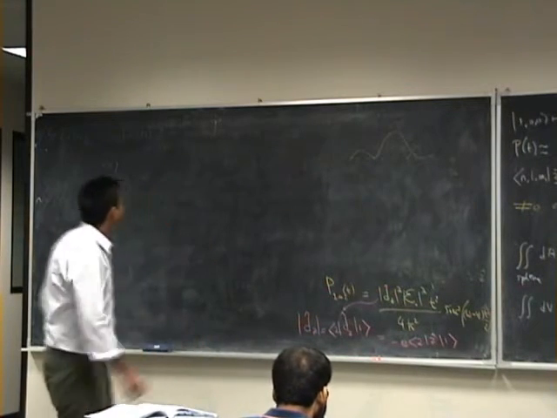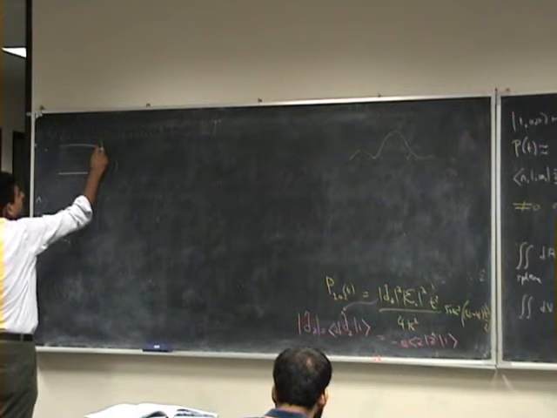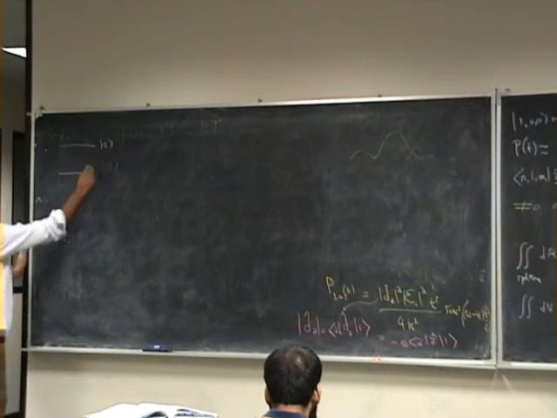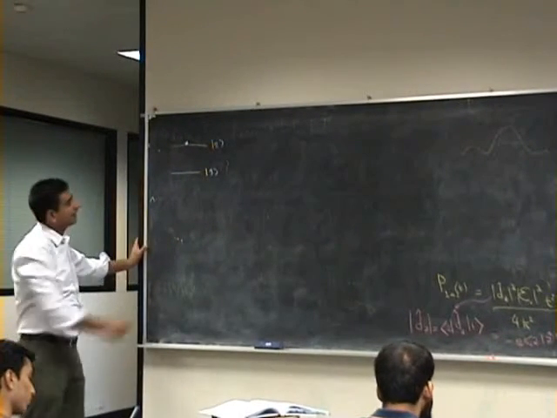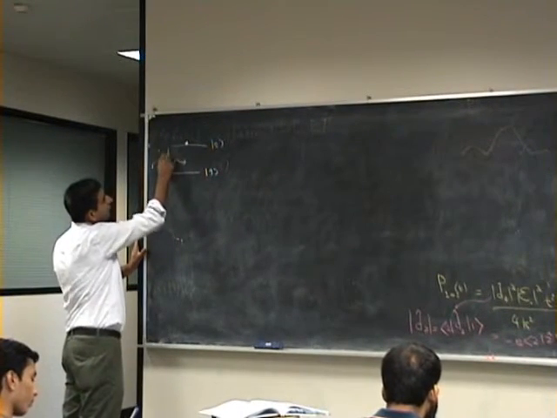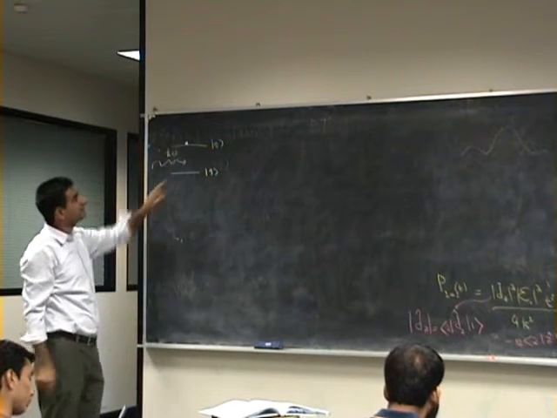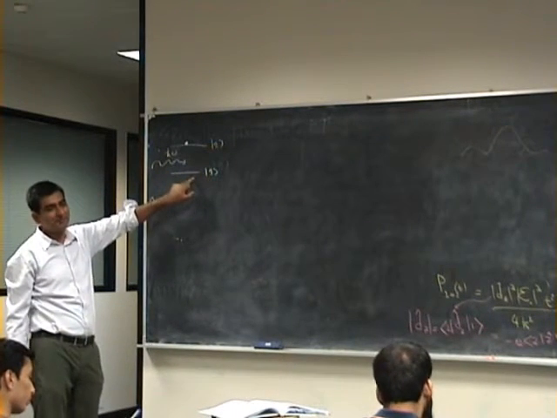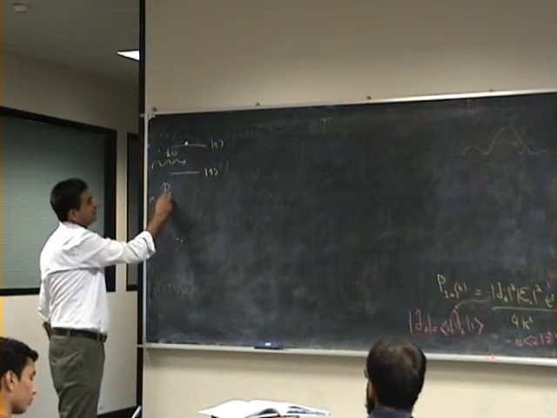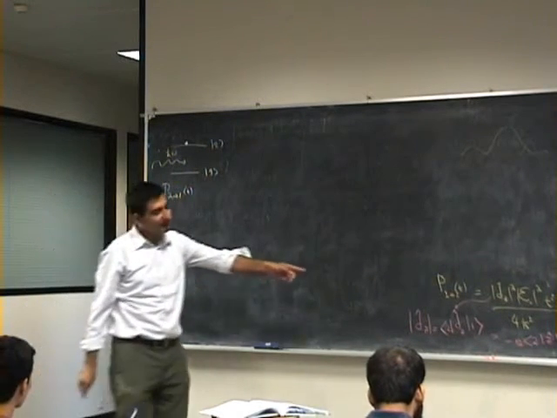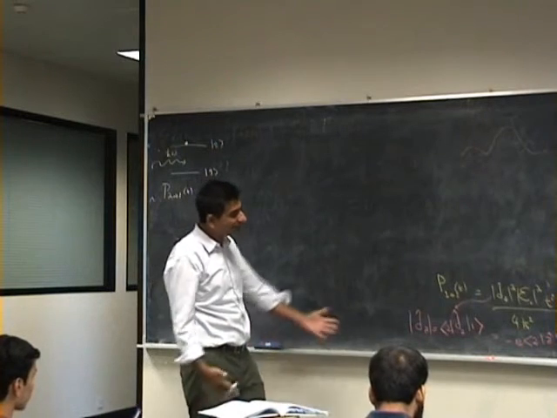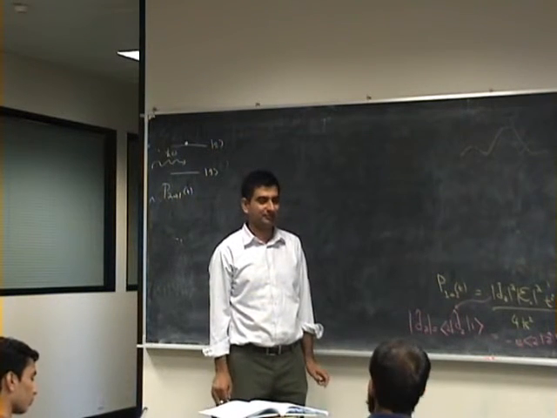What does this mean? If I have C2 and C1, and initially this state is populated, and I input radiation of frequency omega, then the probability of making a transition to C1, the probability 2 to 1 as a function of time, is going to be exactly identical to this. There's really no difference in the physics here.